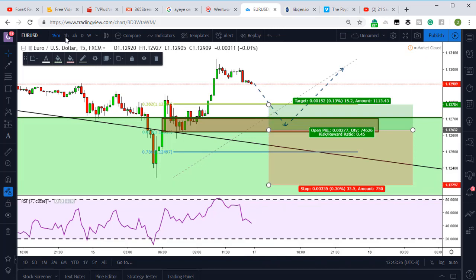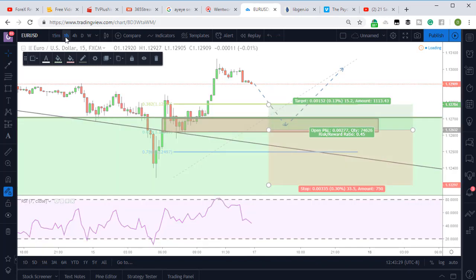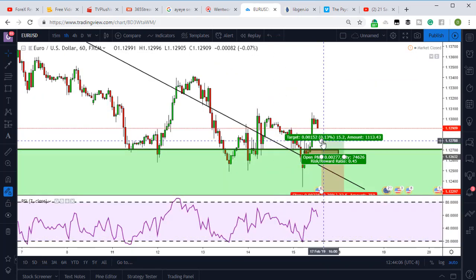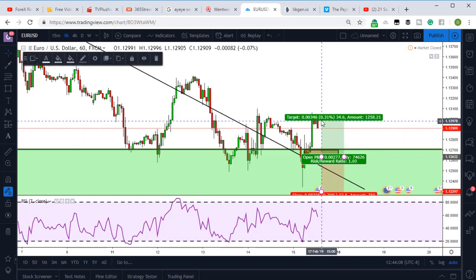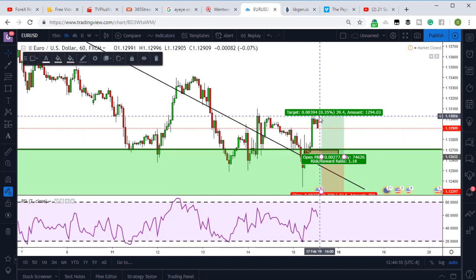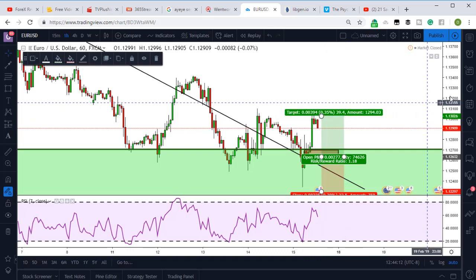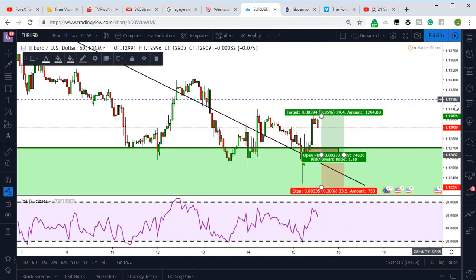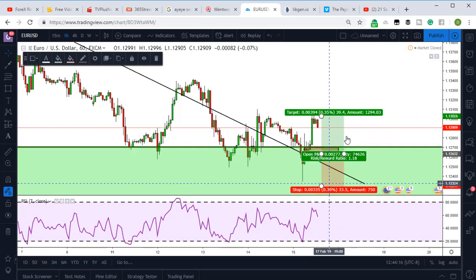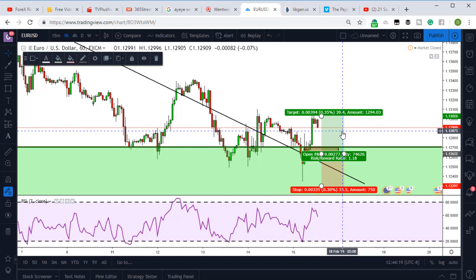And for our take profit, let's use the hourly. For our first take profit, you might be looking to take it at the retest of the structure level, where for a risk of 33 pips, this will be a take profit of 39. So you're looking at an estimate of 1:1.8.